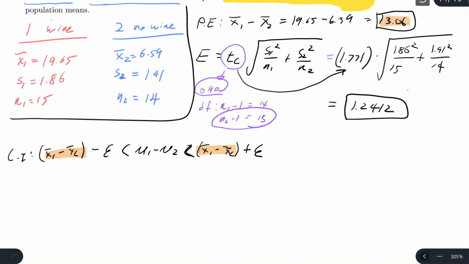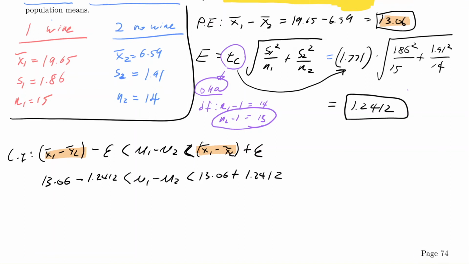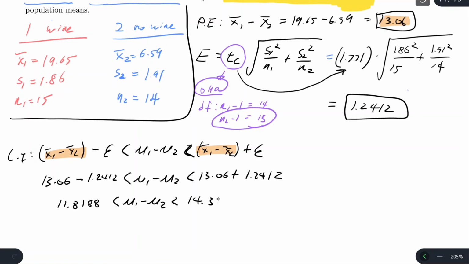So 13.06 minus 1.2412, plus 1.2412. So if you calculate that, you get 11.8188. This one you get 14.3012. So this is the confidence interval.